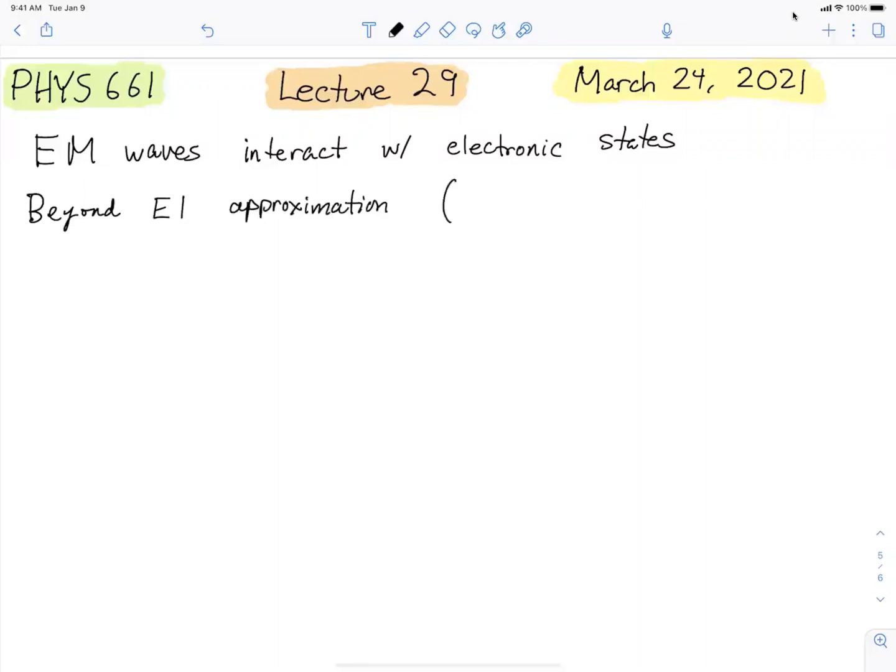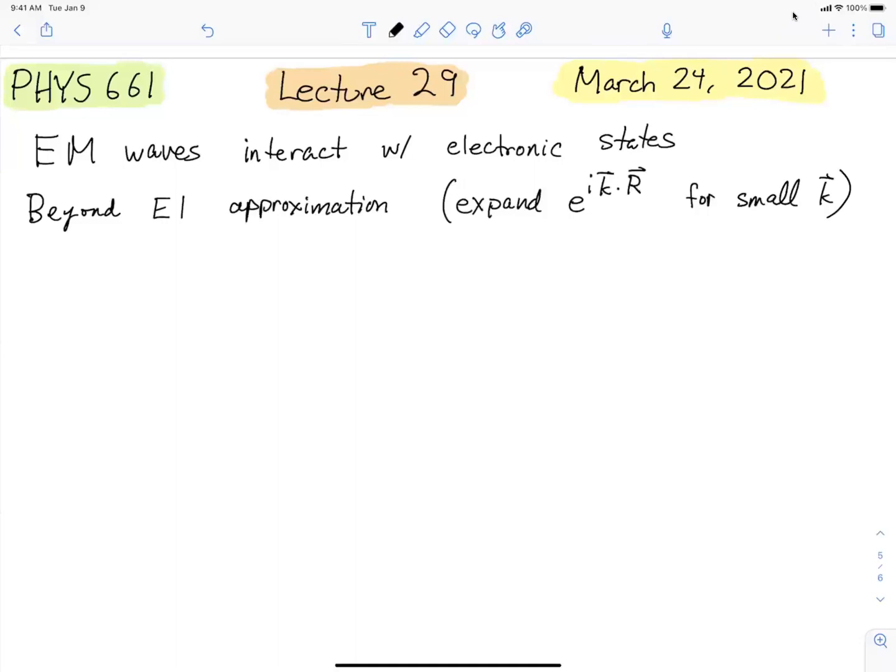When we do that, what we're really doing is expanding the factor of e to the i k dot position operator that occurs in the matrix elements that we're interested in, for small k. Actually, at the end of today, we'll talk about a situation where that doesn't work very well. But for right now, that's the expansion we're going to have in mind.